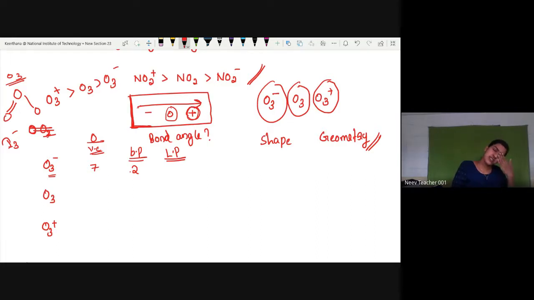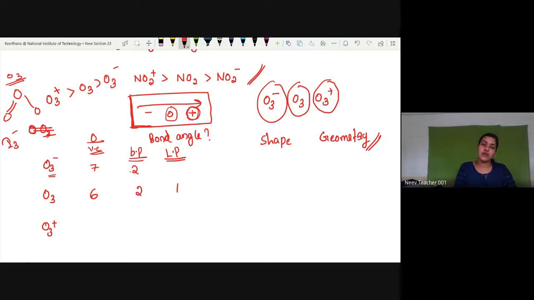Okay, I think we can just leave it. Yes, it is also an exception. The O3 minus structure we can only explain using MOT. There will be 1 lone pair and 1 electron. In the case of O3, it is 6, 2, and 1 lone pair will be there.